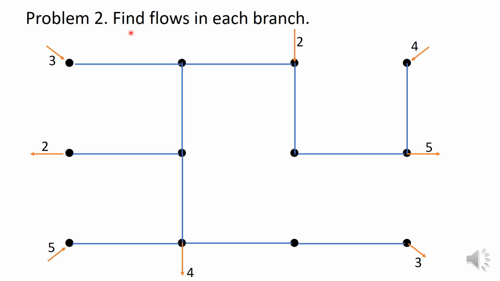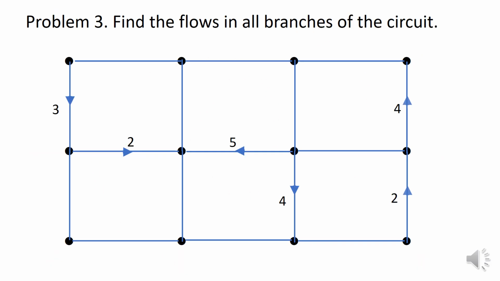This is another problem, find the flows in each branch. You can work on this also. And problem 3 here, find the flows in all branches of this circuit. So this is an electrical circuit. Now I've given you the flows in some of the branches.